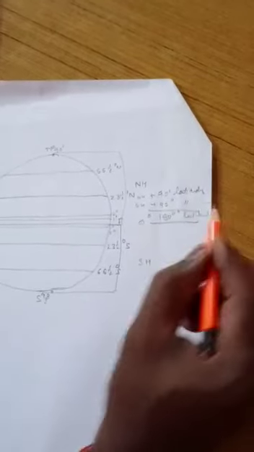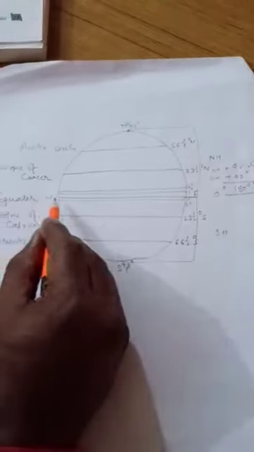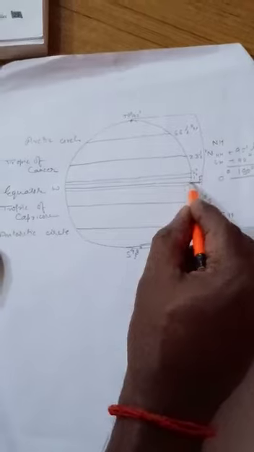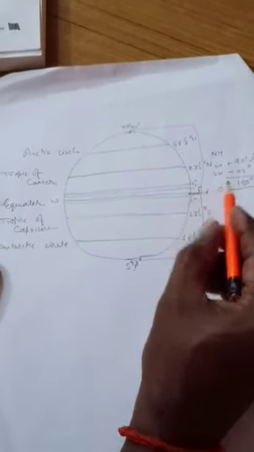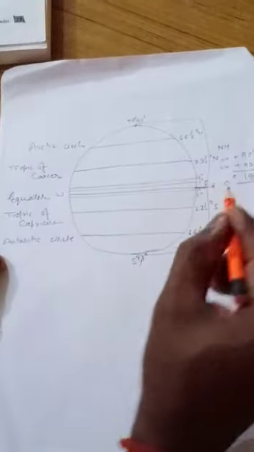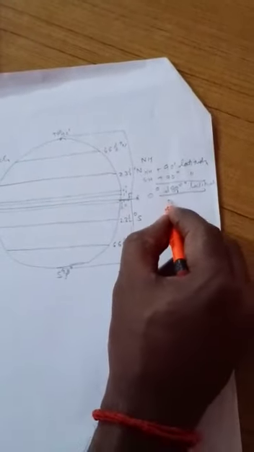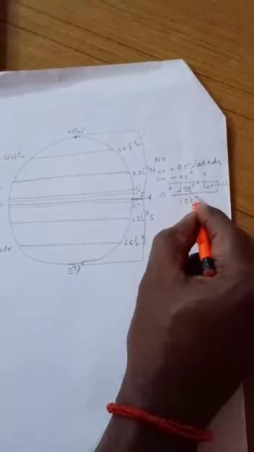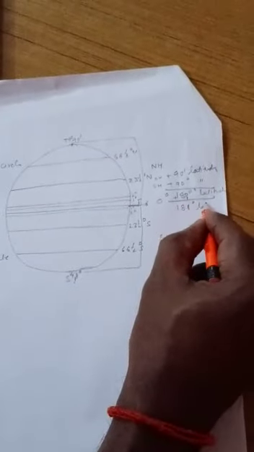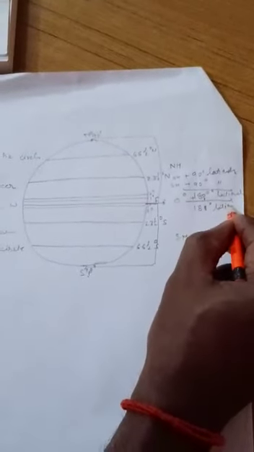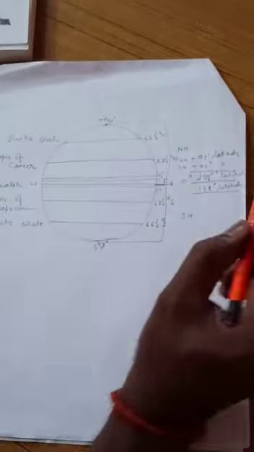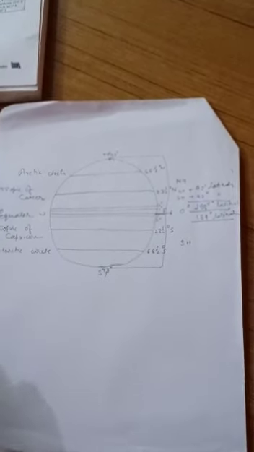Now the important latitude we have left is the 0 degree here, that is the equator. This is counted as one more latitude, so plus 1 we will be doing here. It will be 181 latitudes on the globe which we have made.